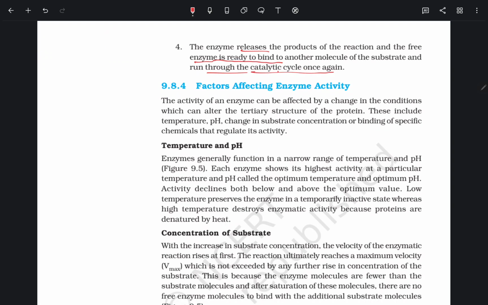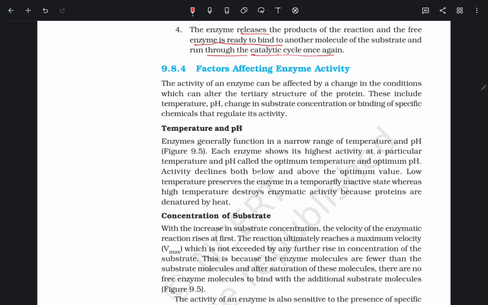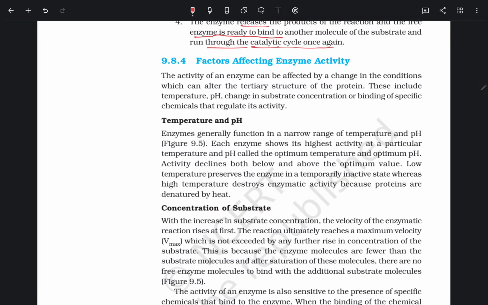Factors affecting enzyme activity. There are factors which affect enzyme activity. Activity of an enzyme can be affected by a change in the conditions which can alter the tertiary structure of the protein. These include temperature, pH, change in the substrate concentration or binding of specific chemicals that regulate its activity.